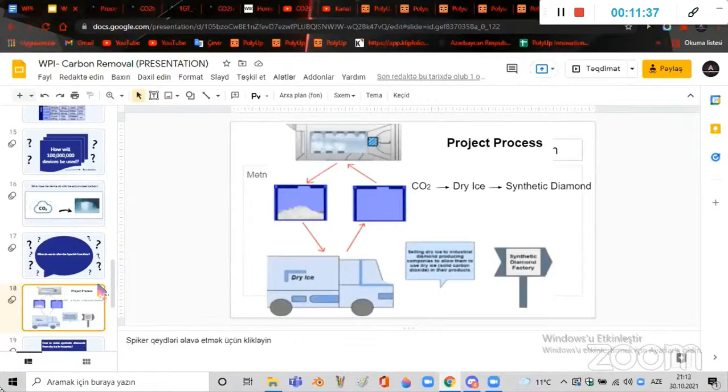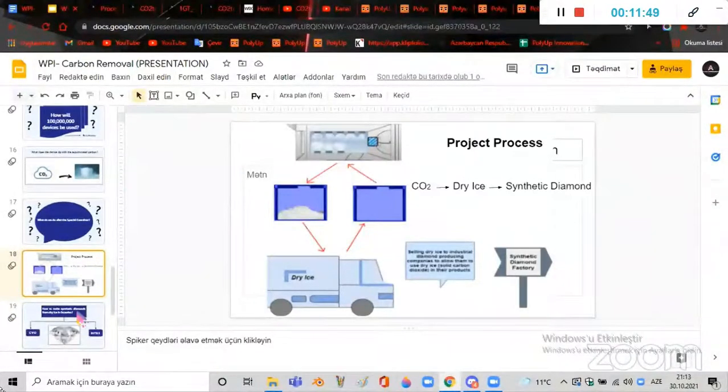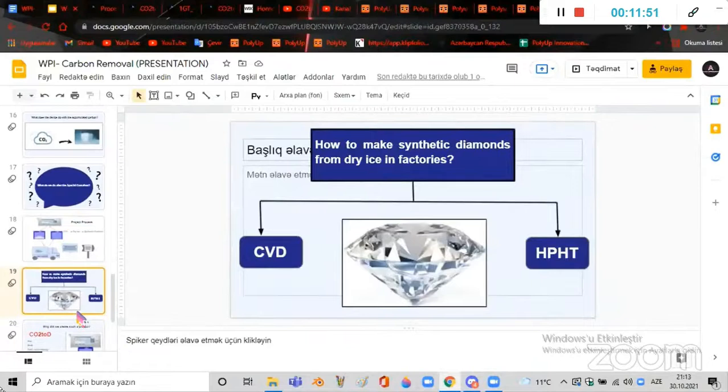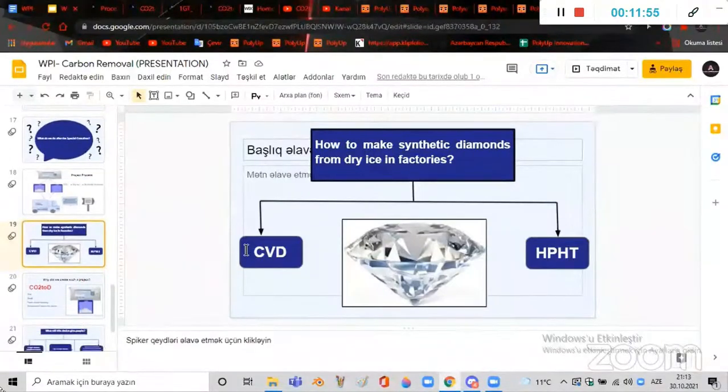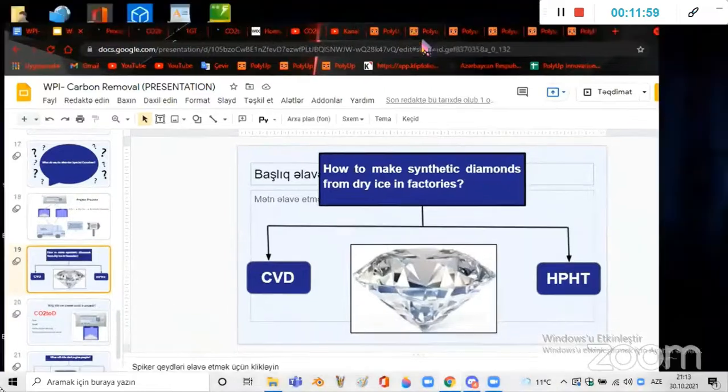Then the special containers are transported to synthetic diamond factories. More income is obtained by turning dry ice into diamonds in diamond factories. How to make synthetic diamonds from dry ice? Chemical vapor deposition technology, high pressure, high temperature technology.